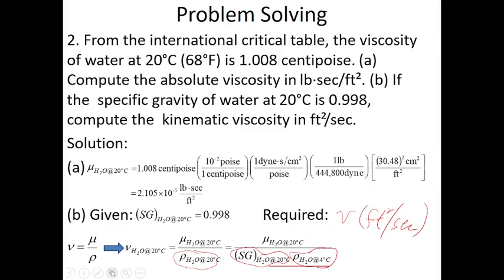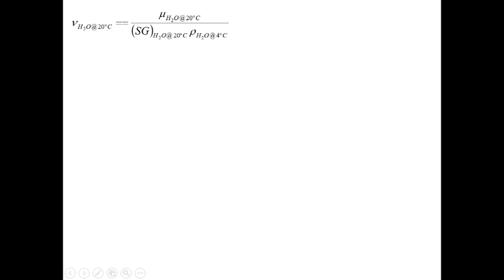Okay, so we continue. That is what we are looking for. With that, we now have what we got earlier: the absolute viscosity of water at 20 degrees Celsius, 2.105 times 10 to the negative 5 pound second per square foot.